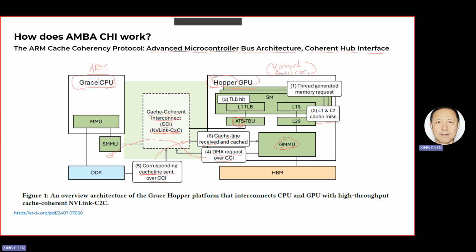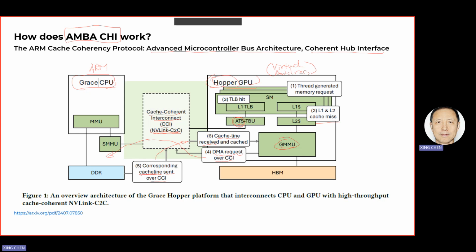This is the work of the AMBA CHI protocol, the cache coherent protocol. Its job is to guarantee cache coherence between the CPU and the GPU. So right now we know that on top of this NVLink C2C, there is the cache coherent protocol running.